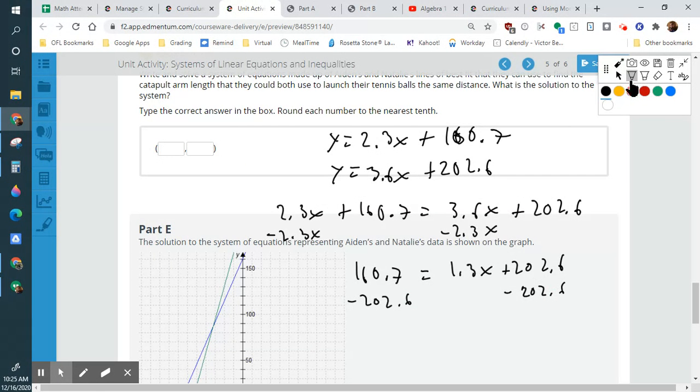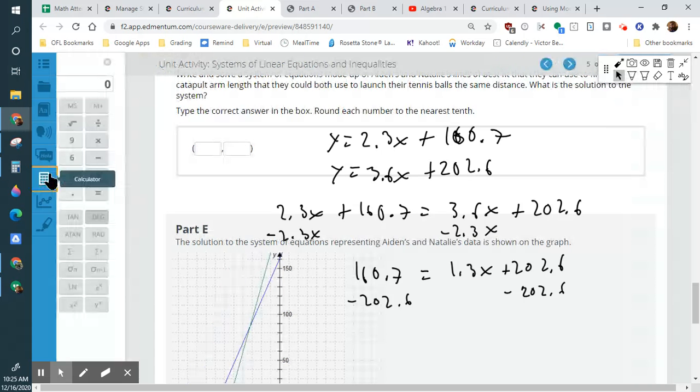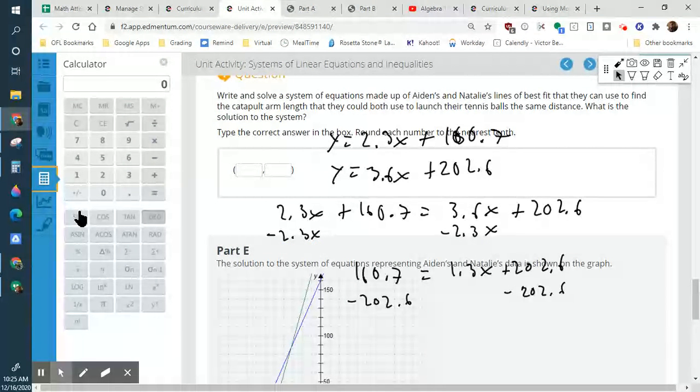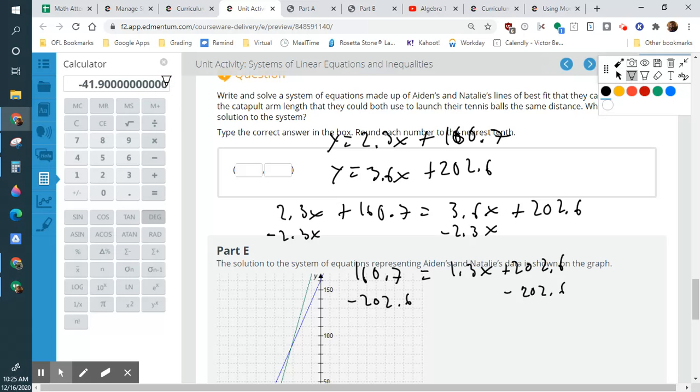If you need a calculator, you can always just pull up the calculator right here on the side. So 160.7 minus 202.6, and I just realized I didn't have it typing. If you guys would have your mics on, you guys could tell me that I wasn't typing it. So negative 41.9 is equal to 1.3x.